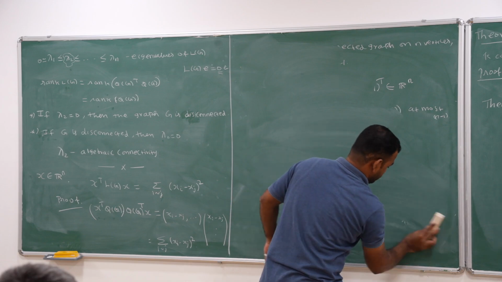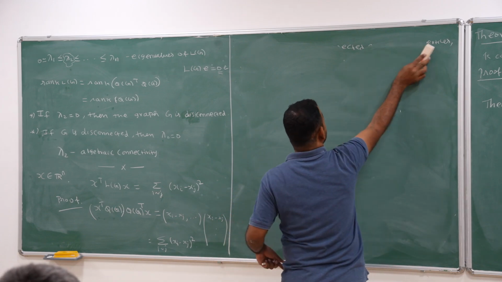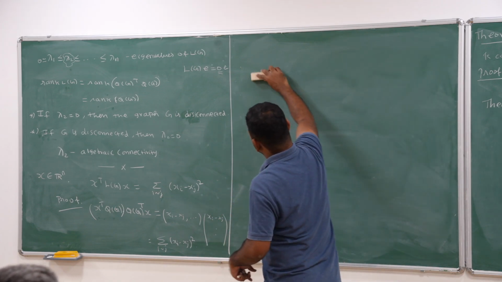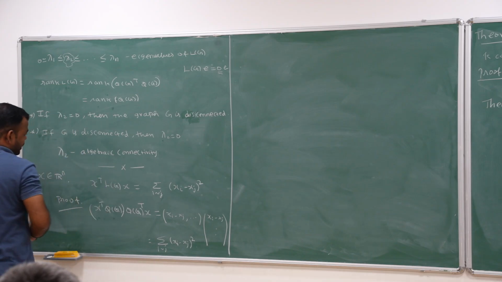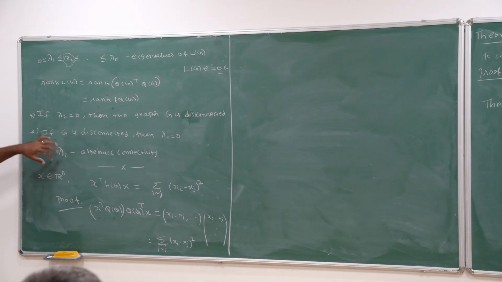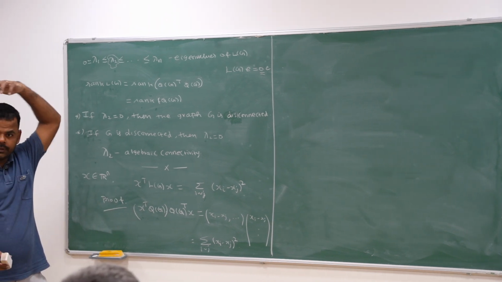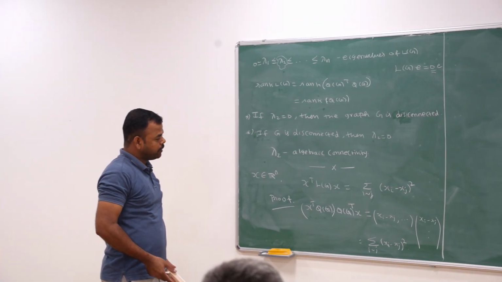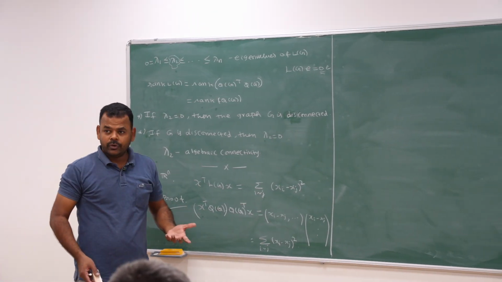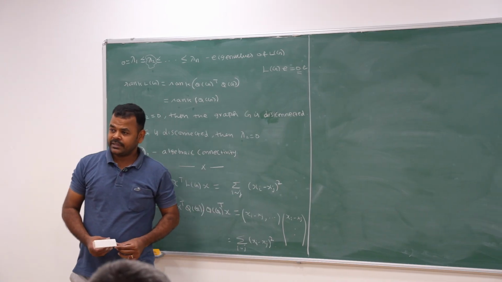We'll show that if the algebraic connectivity of the graph is high, then the graph itself should be well connected. By well connected, what do we mean? I think most of you know the definition of vertex connectivity.